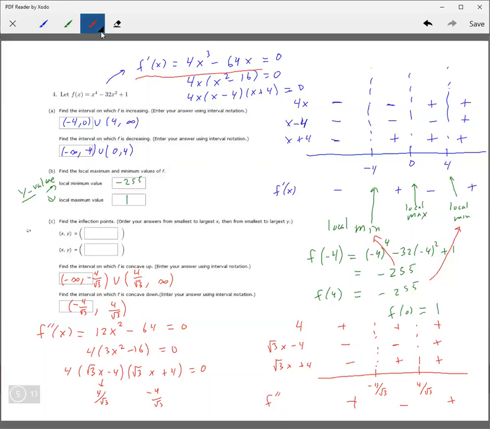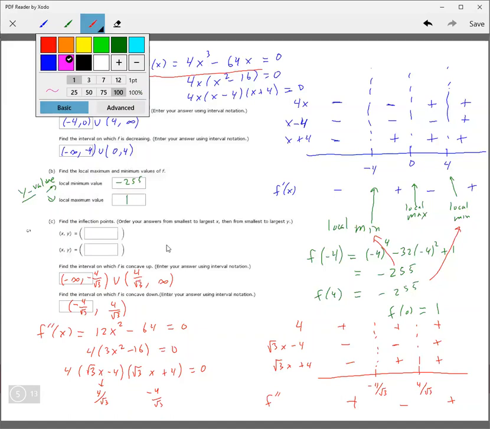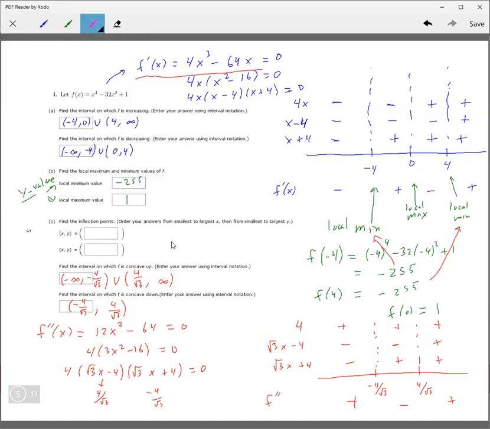And then finally, the last thing that they wanted is the inflection points. And concavity changed right here and right there. Okay, so the first inflection point is going to be when your x value was negative 4 over the square root of 3. And your second inflection point would be where you have 4 over the square root of 3. Okay, but those are just the x values, they want an ordered pair.